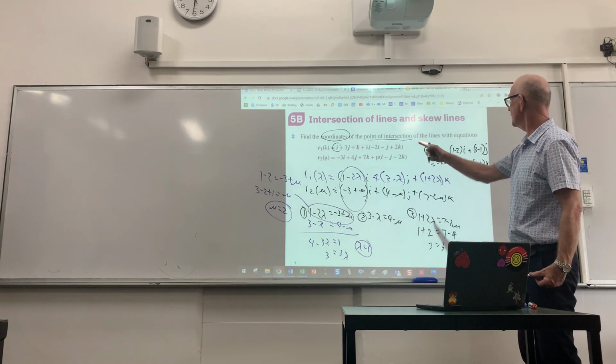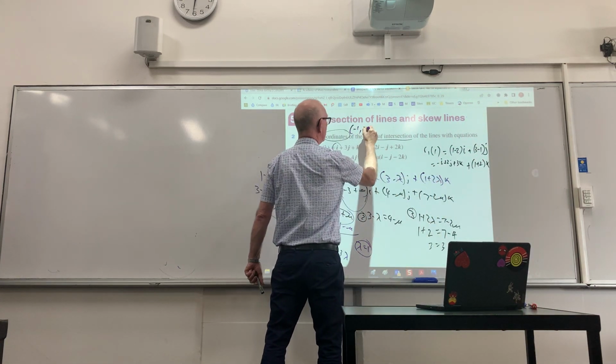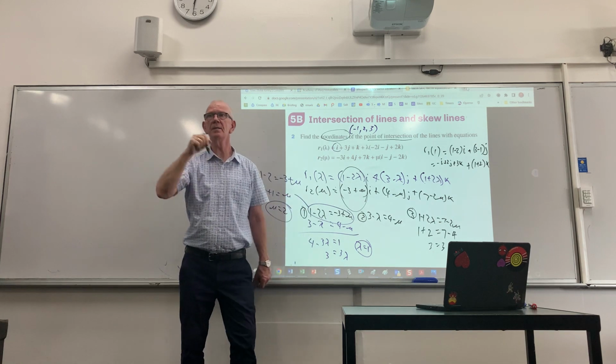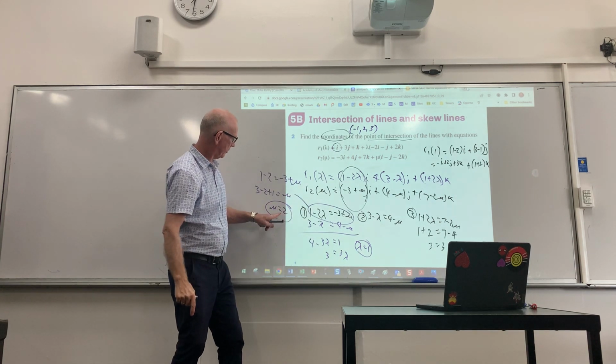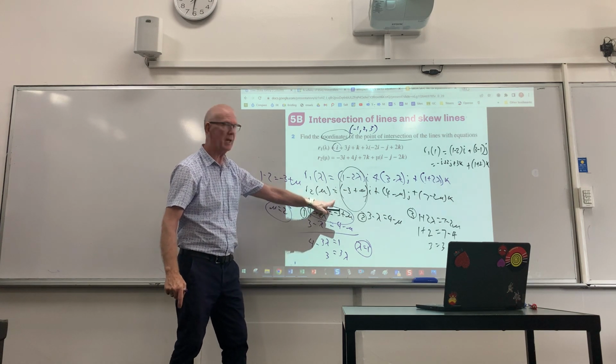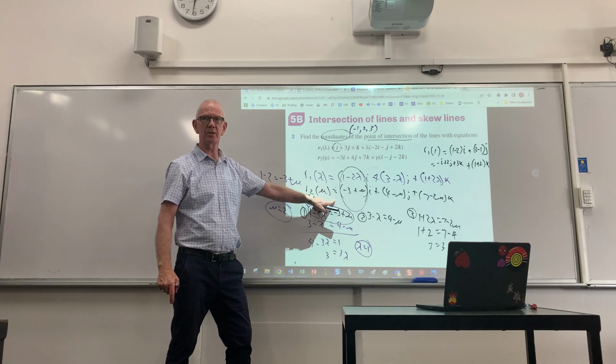Therefore, the coordinates of the intersection point will be negative 1, 2 and 3. Had I put mu equals 2 into R2, I would have got the same answers, because that's the intersection point.